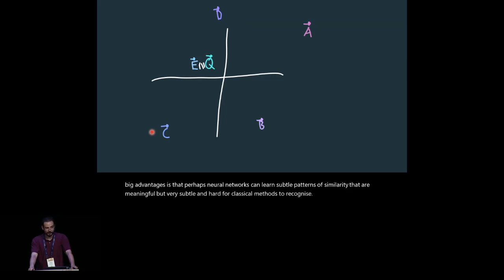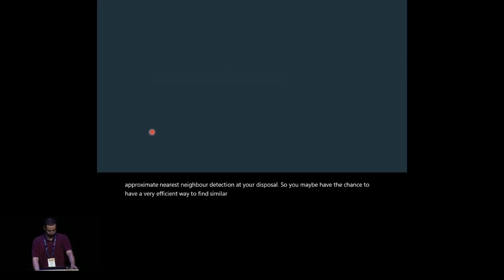Another is that by recasting the problem of sequence similarity search into a problem of vector similarity search, you now have all of the algorithmic advantages of approximate nearest neighbor detection at your disposal. So you maybe have the chance to have a very efficient way to find similar sequences.